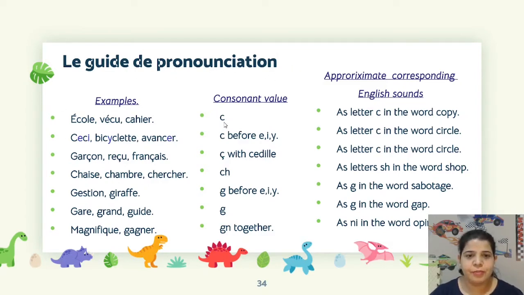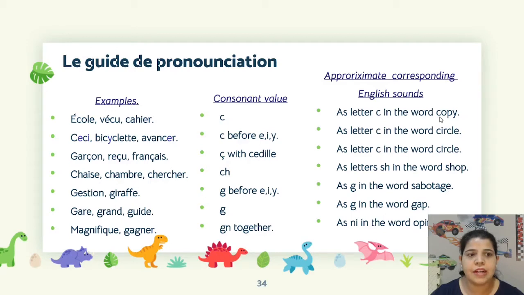Letter C. We'll begin with the letter C, which is pronounced as K, as in copy. So, école. Have you noticed this E with an accent aigu, which is pronounced as letter A in English? École.